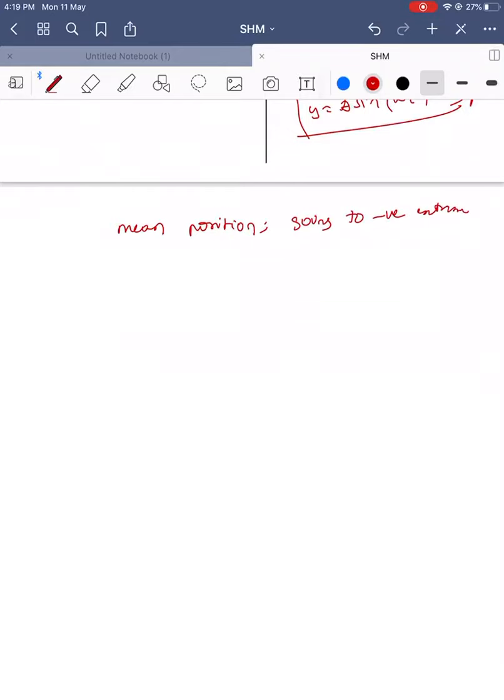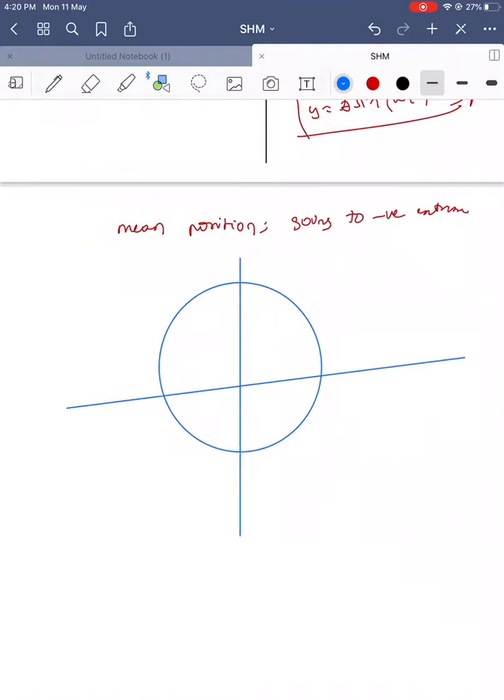So first draw the curve, and from there two positions. The positive x-axis is a representation of the mean position. On this x-axis, two positions are 1 and 2. Going anti-clockwise, from 1 it is going to the negative extreme.